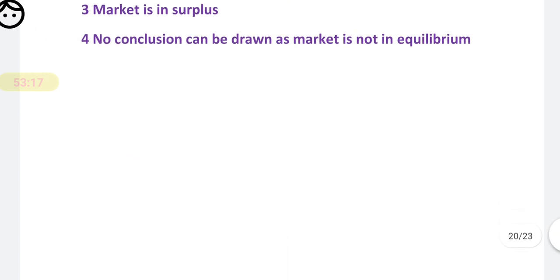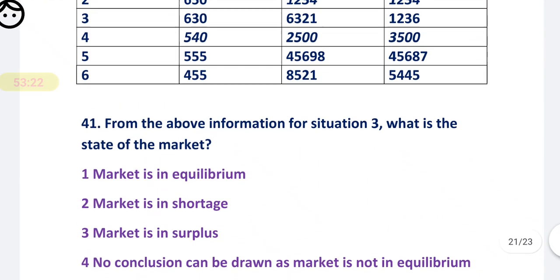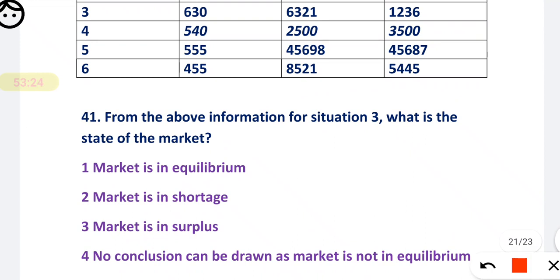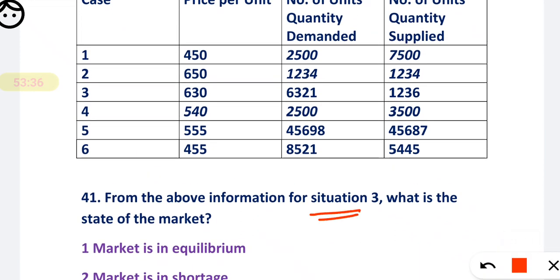Question number 41 we are going to discuss. See friends, for the above information for situation number 3, what is the state of the market? See here, it is situation number 3. For situation number 3, 6321 is the demand and 1234 is the supply.